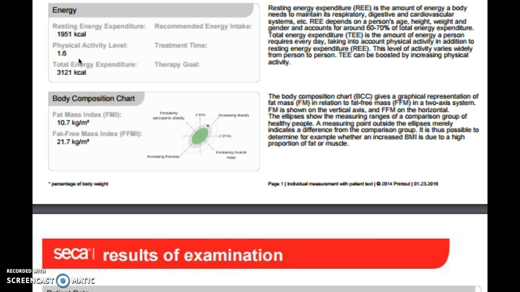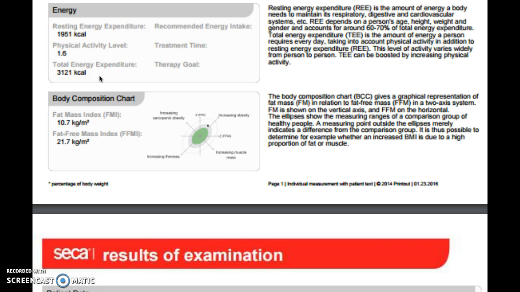So the number below that, under total energy expenditure, tells me that based on a typical day in terms of how active they are, their body is burning around 3,121 calories. That does not necessarily include what's burned through physical activity, but those two numbers are super important whenever we work to set macros for individuals because it helps us give a baseline.